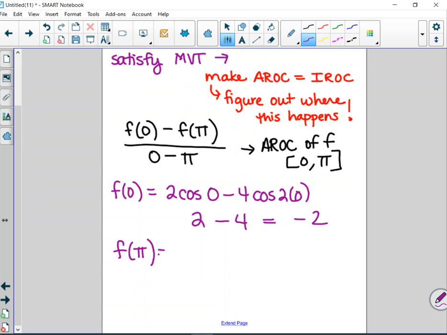F of pi, 2 cosine pi minus 4 cosine 2 pi. You can type it in if you need to. Cosine pi. I'm always thinking about the cosine graph.